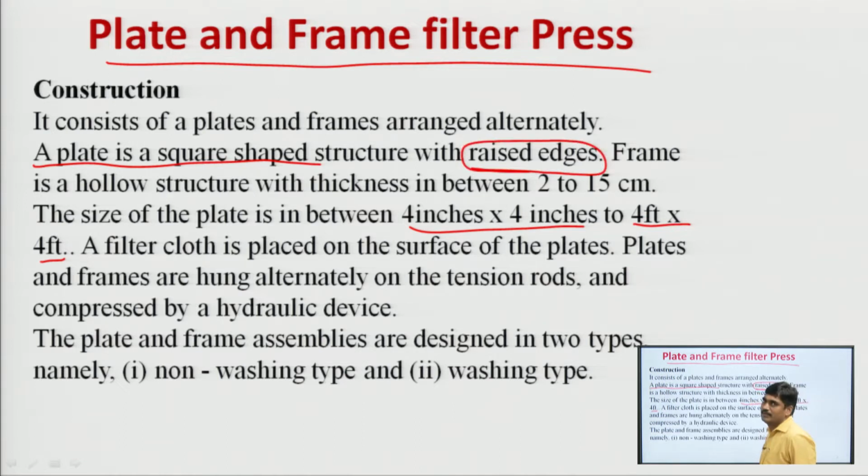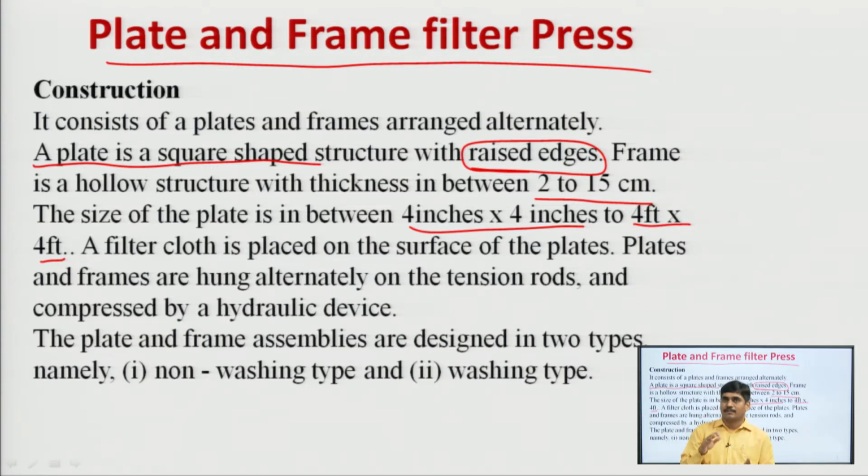Frame is a hollow structure and the thickness of frame is between 2 to 15 centimeter. The size of plate and frame are same, both are square shaped. A filter cloth is placed on the surface of the plates.